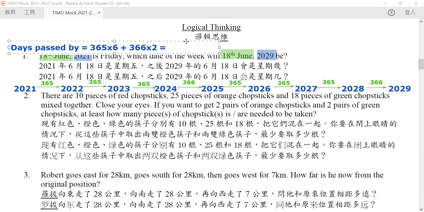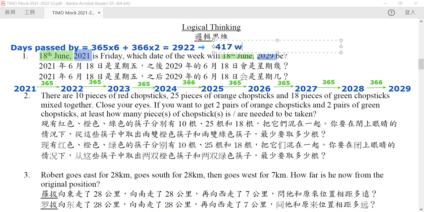So what's the value? It will be equal to 365 times 6 plus 366 times 2, and the answer will be equal to 2922 days. We can divide it by 7, and we find that this equals 417 weeks plus 3 days.